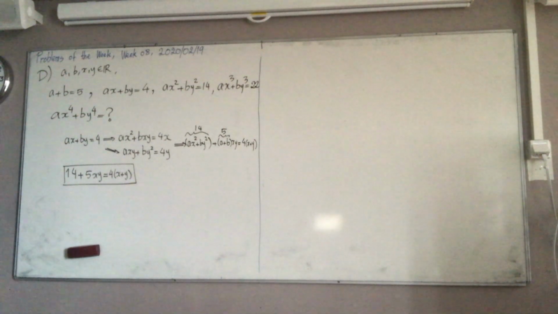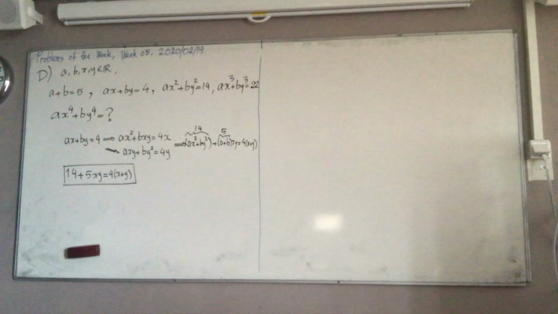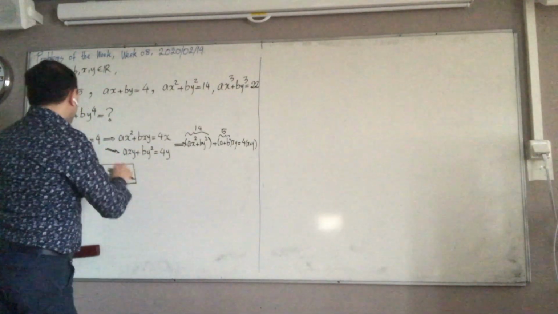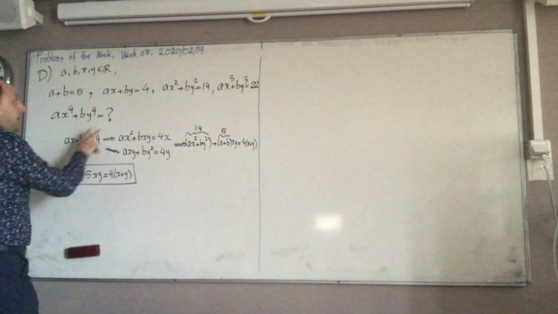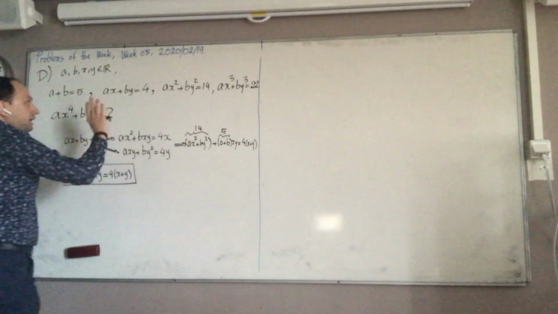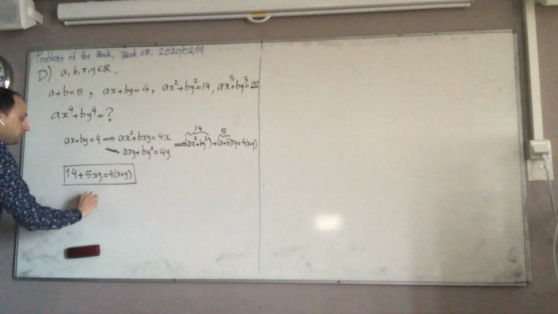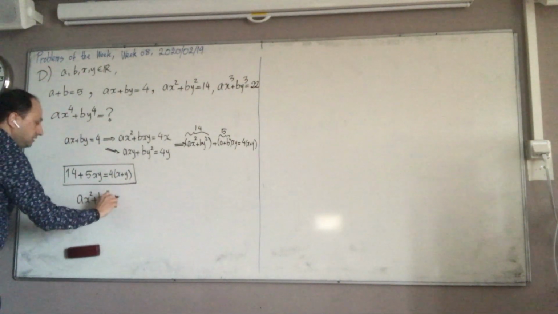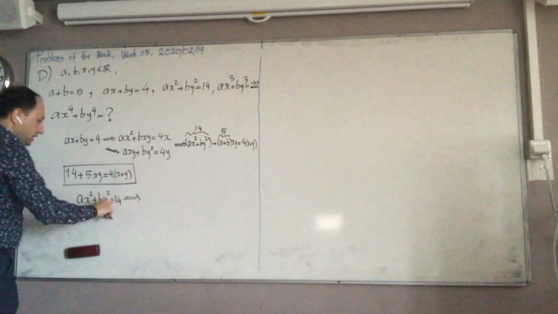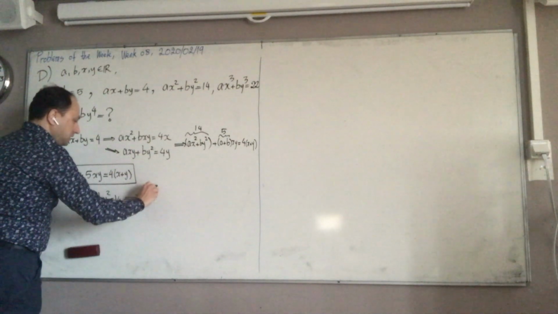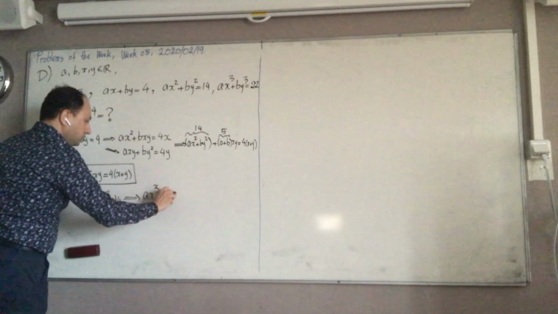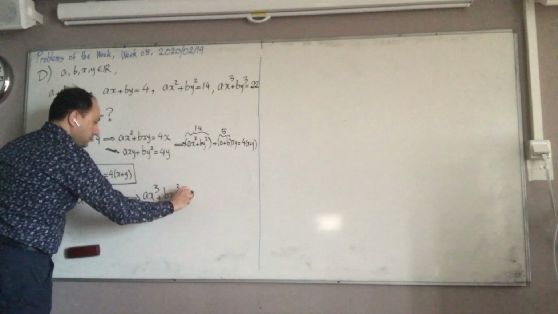Okay? More or less, I want to do the same thing. So I started from this one. Now I will start from this one and do the same thing. So I will start here. AX squared plus BY squared is 14. I multiply both sides by x. It becomes AX cubed plus BXY squared is 14x.